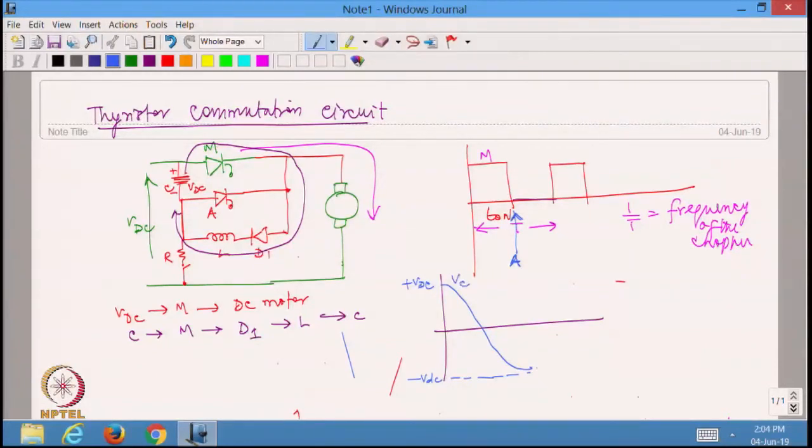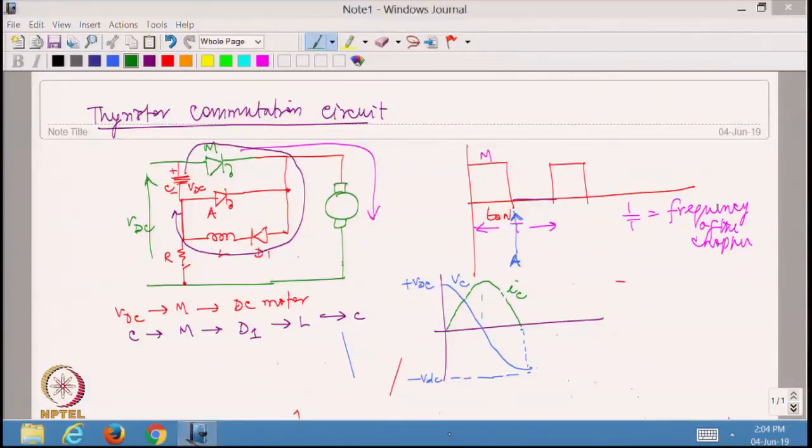So VC I am drawing like this. At the same time, if I try to look at the current, it would have reached the peak when the voltage is at the 0 point, and it is going to reach 0 when the voltage is at the negative peak. So this is going to be the capacitance current waveform, the same as the diode current waveform.